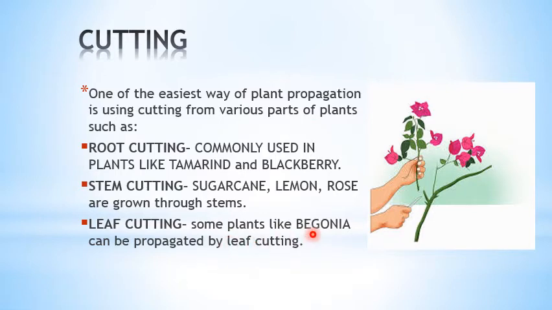You can see from this image that cutting takes place, and if you sow that particular plant under favorable conditions in the soil, you will get a new plant. You cut a piece of that particular plant, either from the root, stem or leaf, sow it, plant it under favorable conditions, and it will develop into a new plant.